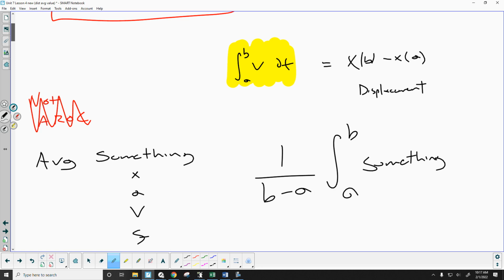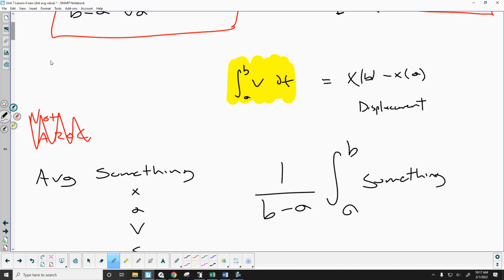If I ask you for an average in this class, find the area, multiplied by 1 over B minus A. Okay, find the accumulation of that something. Okay, if you have a calculator, easy. Type this in, done.